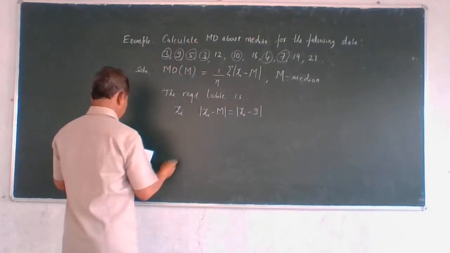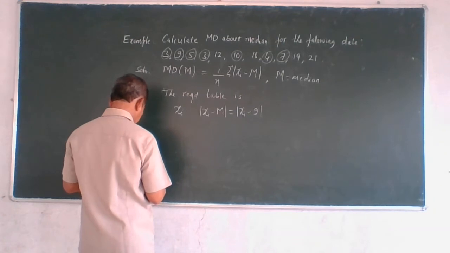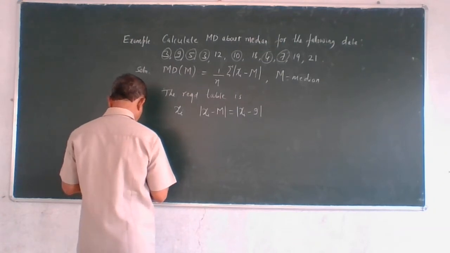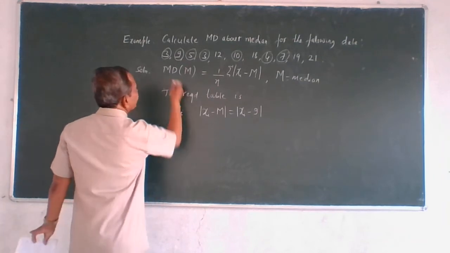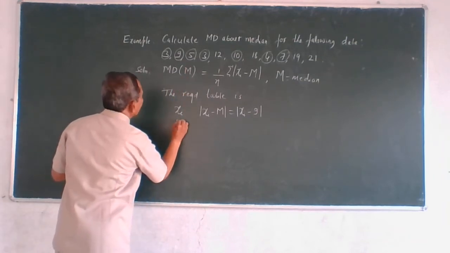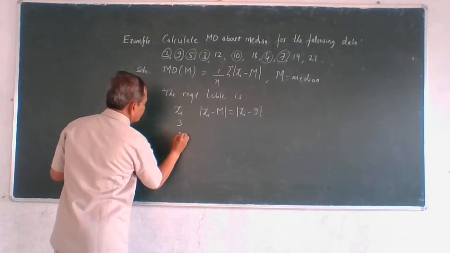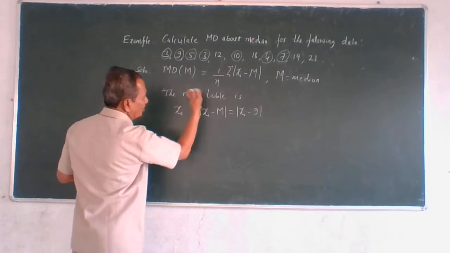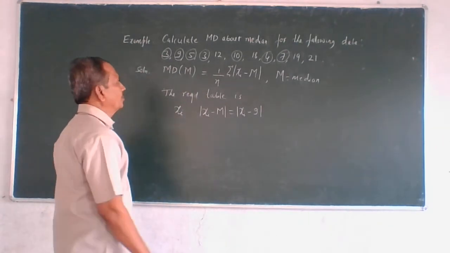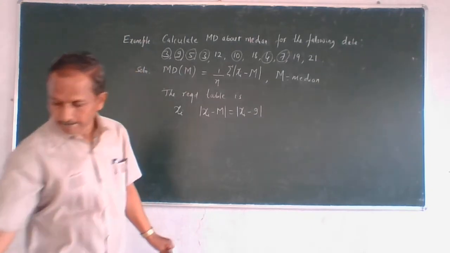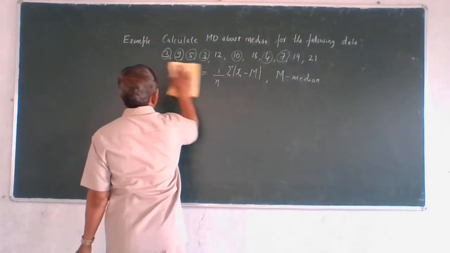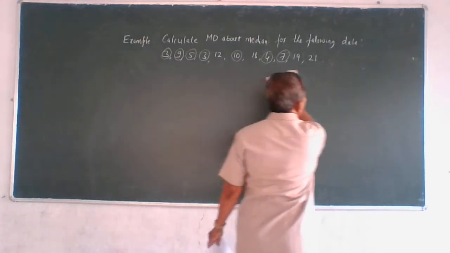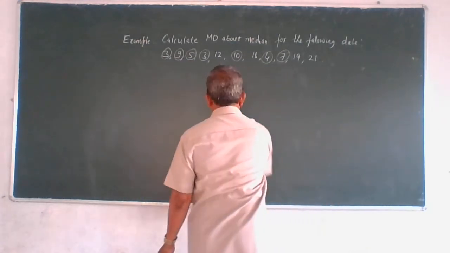Now, what are xi? 3, 9. Write down all the xi's. Then subtract m from each xi.